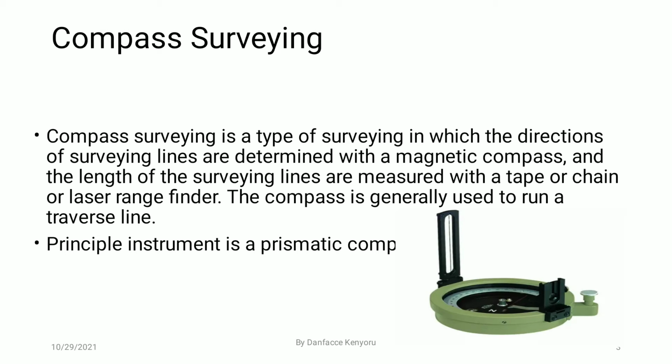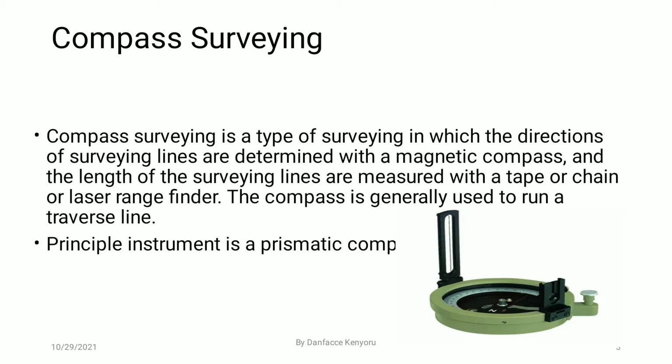In compass survey, this is the type of surveying in which the direction of surveying lines is determined with a magnetic compass, and the length of the surveying lines is measured with a tape, chain, or laser range finder.